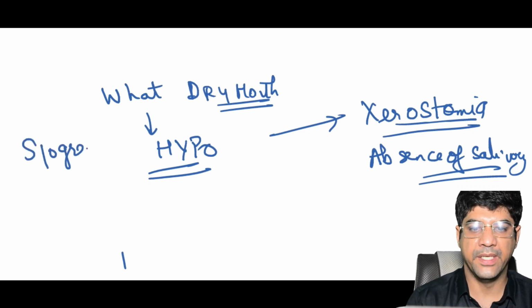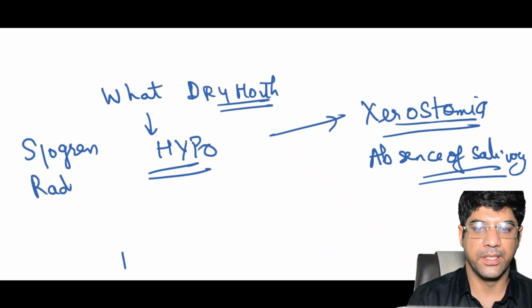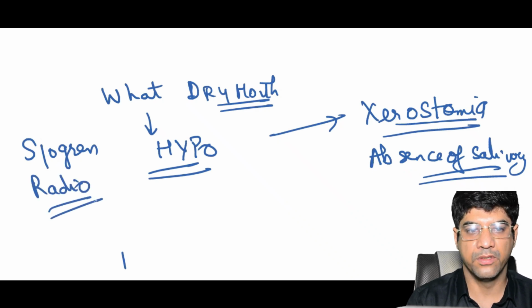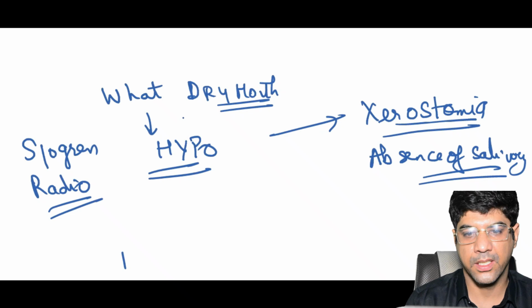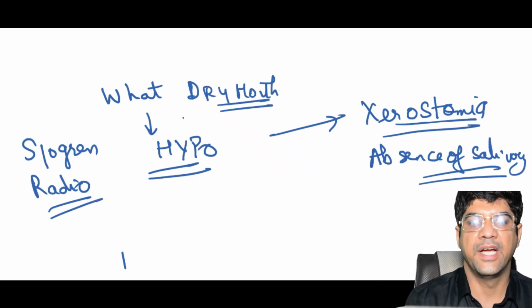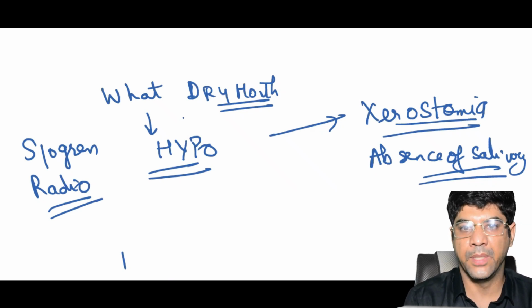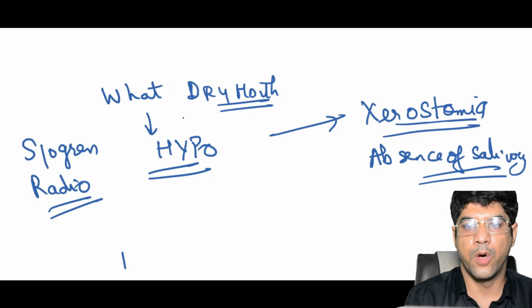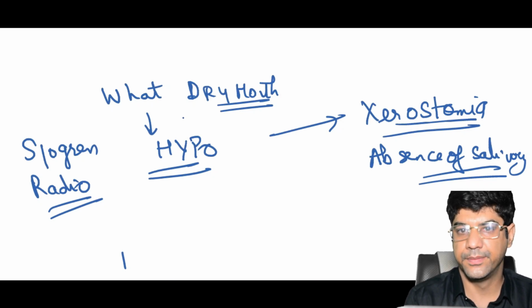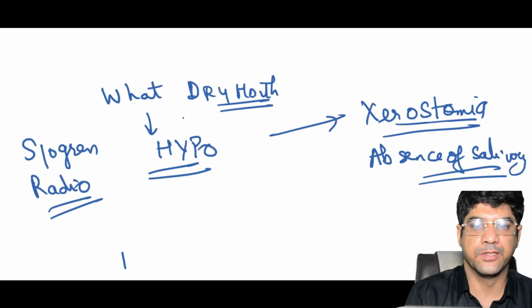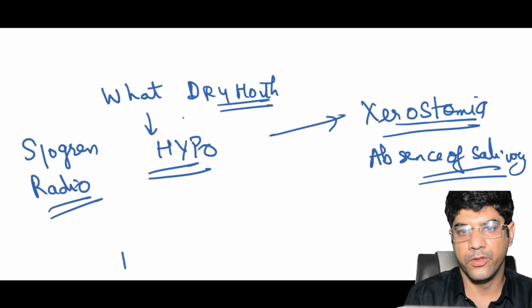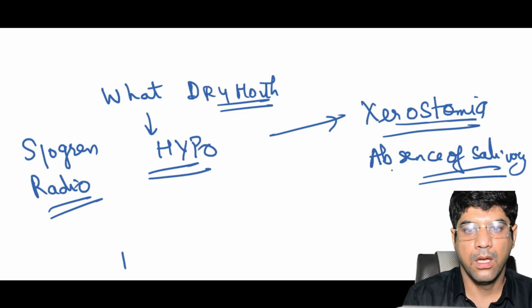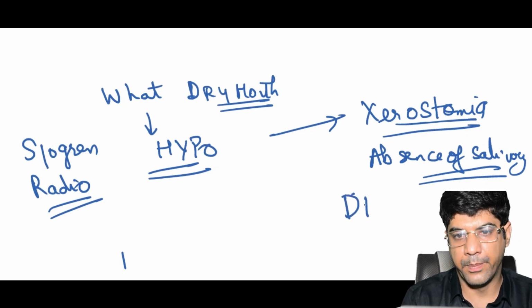Causes of xerostomia could be dehydration, renal failure, most commonly Sjogren syndrome, radiotherapy, trauma to the salivary glands or duct, or side effects of drugs like antihistamines, antidepressants, inhibitors, etc. So there would be difficulty in mastication, swallowing, speech. Long term you will see halitosis or bad breath.